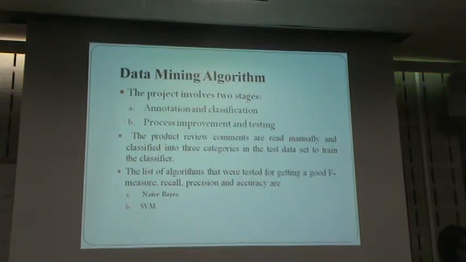The evaluation plan is to find out how accurately we train the data and how the model is reflected on the test data. We would find the F-measure, recall, precision, and accuracy of these two classification algorithms.